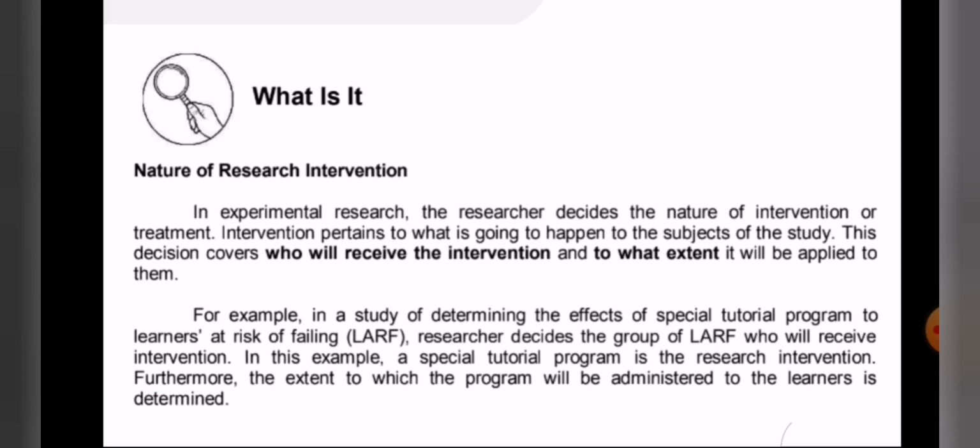For example, in a study of determining the effects of a special tutorial program to learners at risk of failing, the researcher decides the group of LARF who will receive intervention. And in this example, a special tutorial program is the research intervention. Furthermore, the extent to which the program will be administered to the learners is determined.